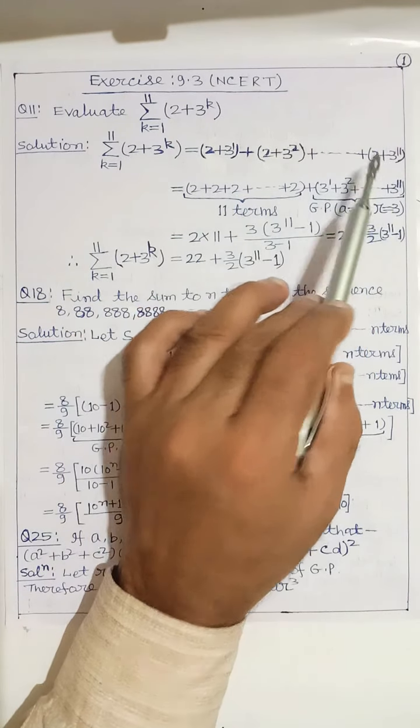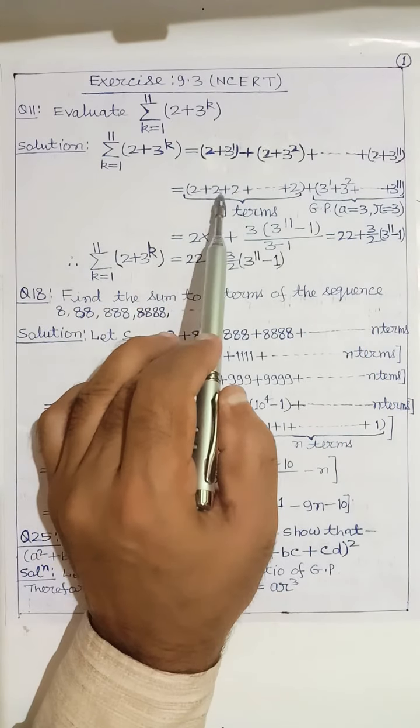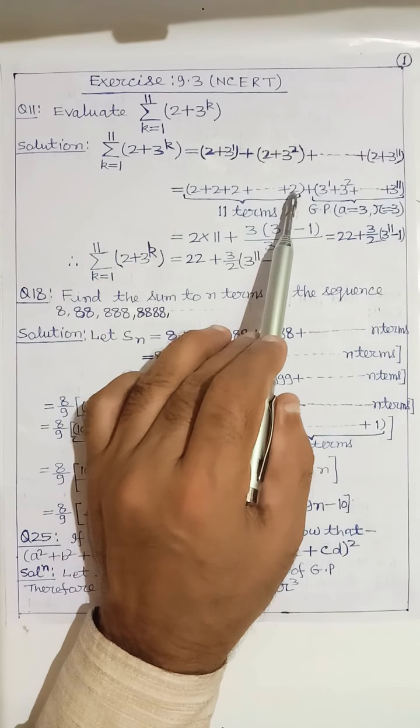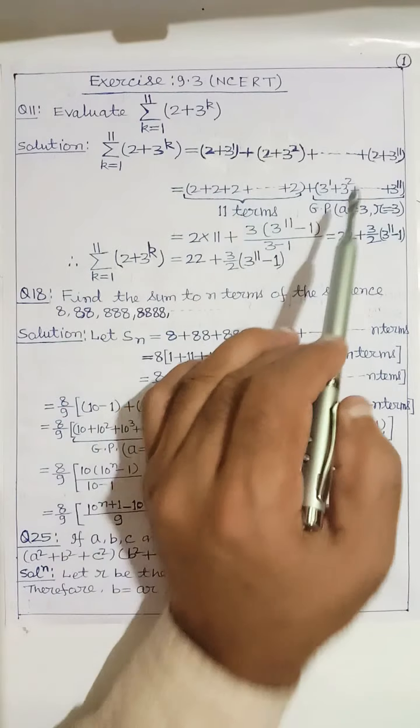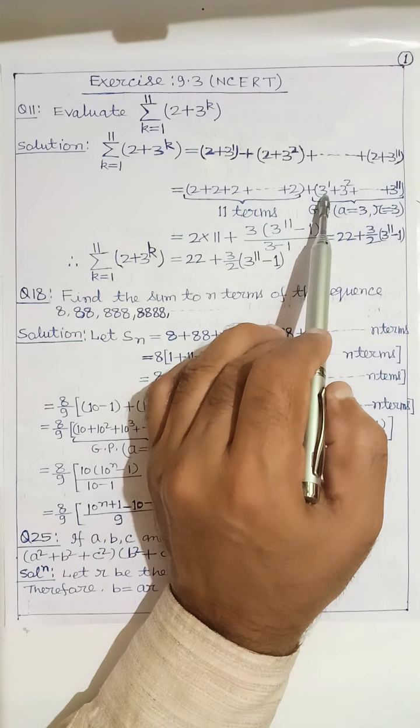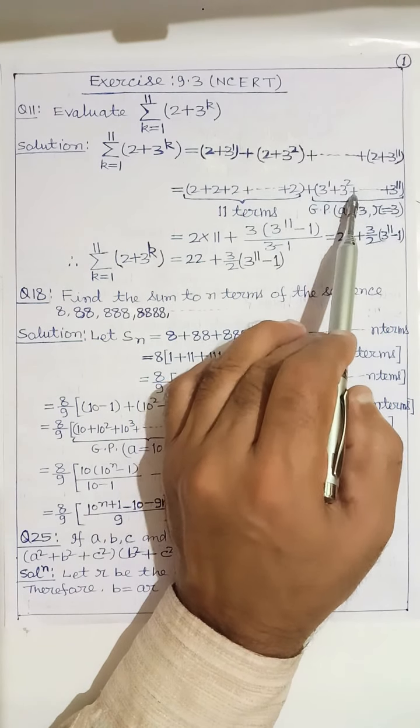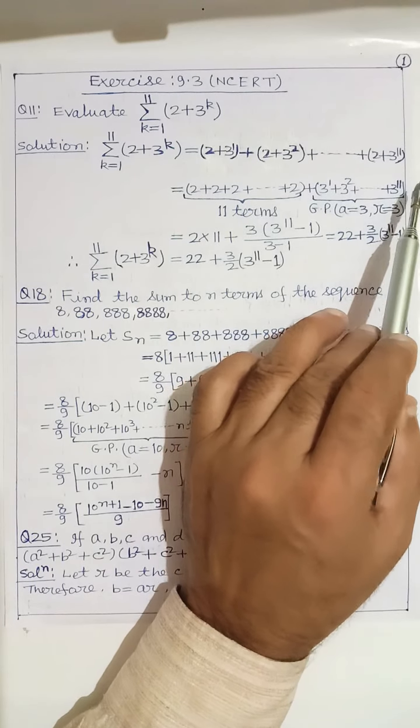Dear students, this can be written as 2 plus 2 plus 2 and so on up to plus 2, 11 times, here 11 terms, plus 3 to the power 1 plus 3 to the power 2 and so on plus 3 to the power 11.